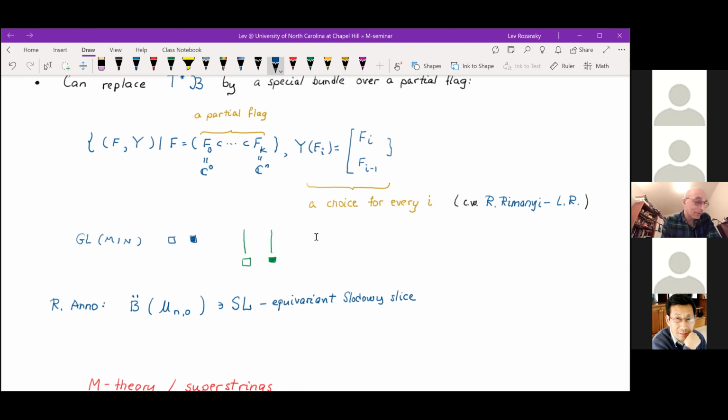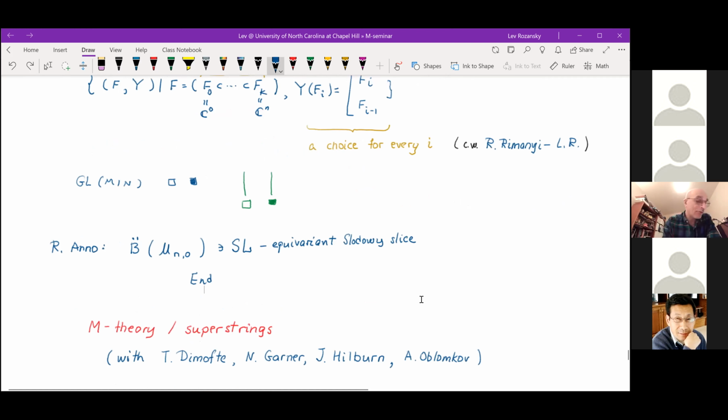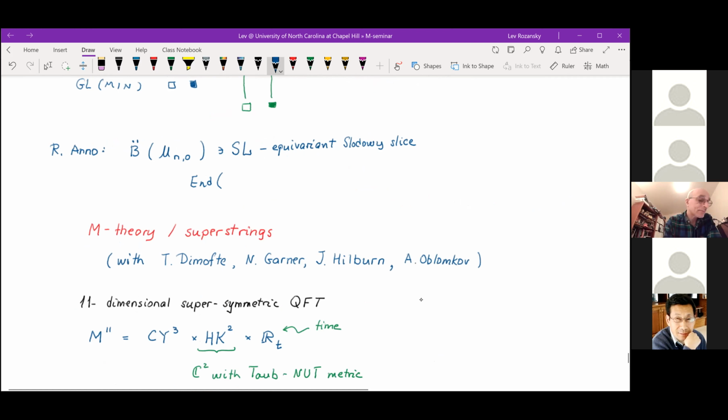So now endomorphisms, just for trivial reasons, endomorphisms of the object FL_N0 act by composition on Hom from Slodowy to this.